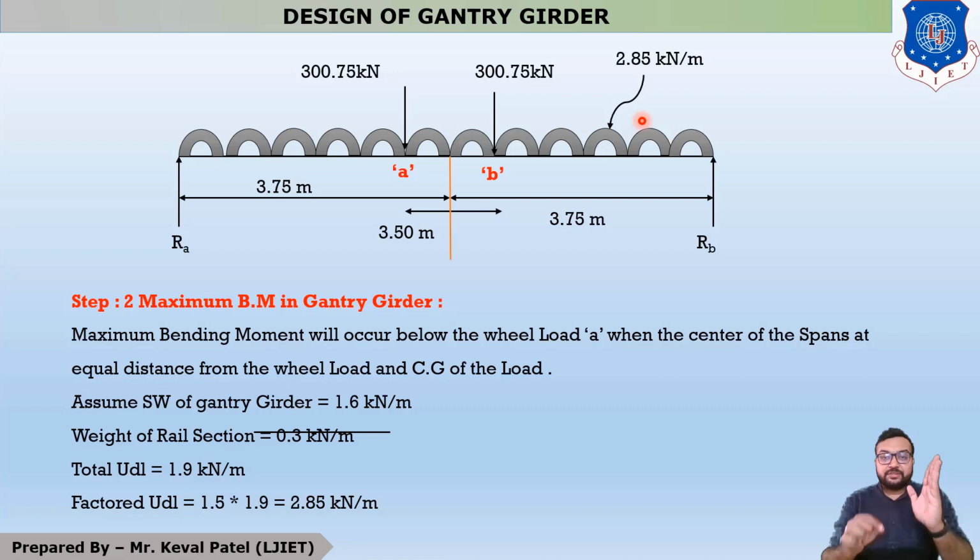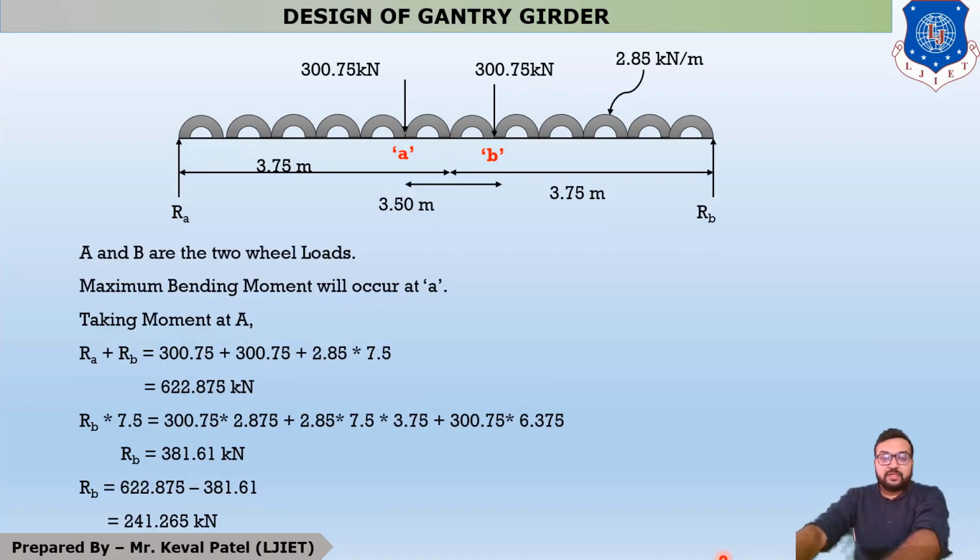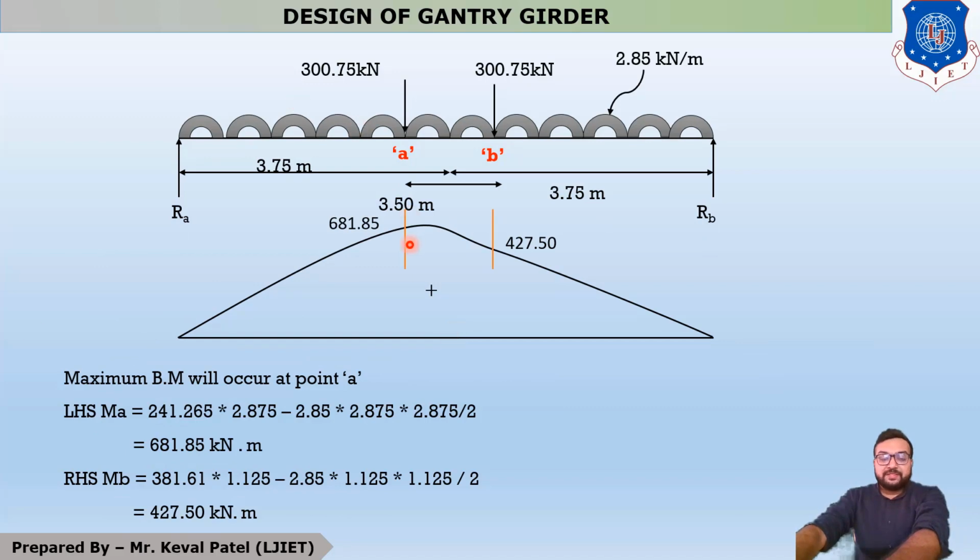At that distance your one wheel is there and your second wheel is at a distance of 3.5 meter because the wheelbase distance is 3.5 meter. So in the last lecture we discussed up to our maximum bending moment, which is 681.85 kilonewton meter.